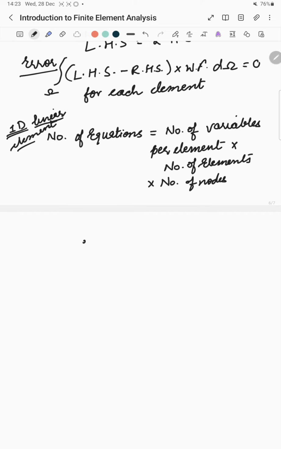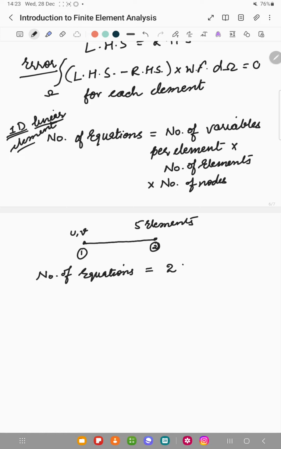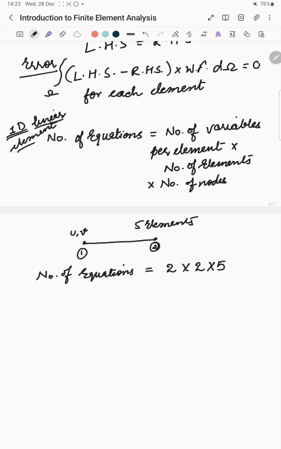So for linear element, say we have two variables at each node u and v, and we have two nodes 1 and 2. Thus total, and say we have 5 different elements, then total number of equations would be two variables per node and number of nodes, into number of elements.